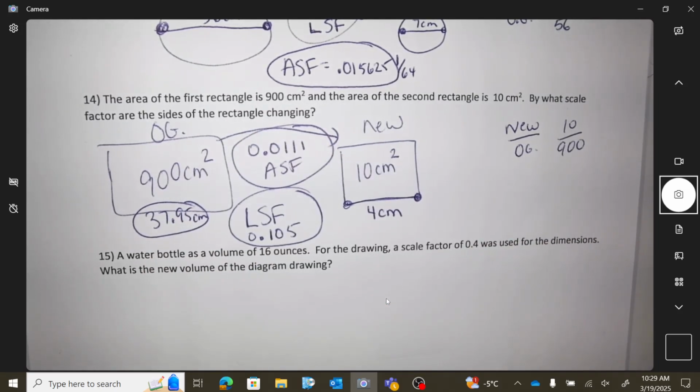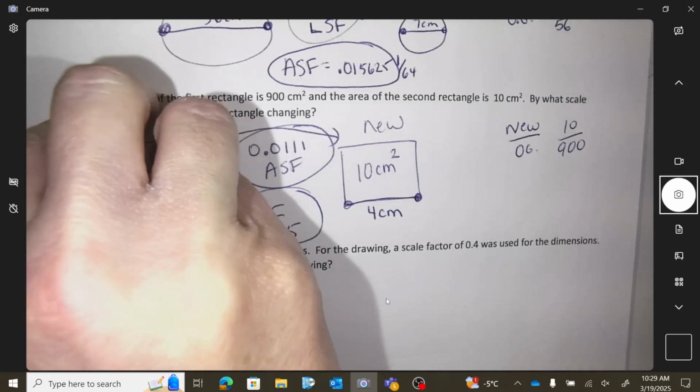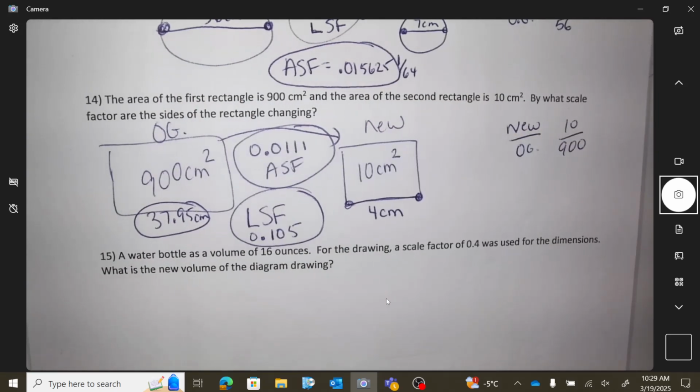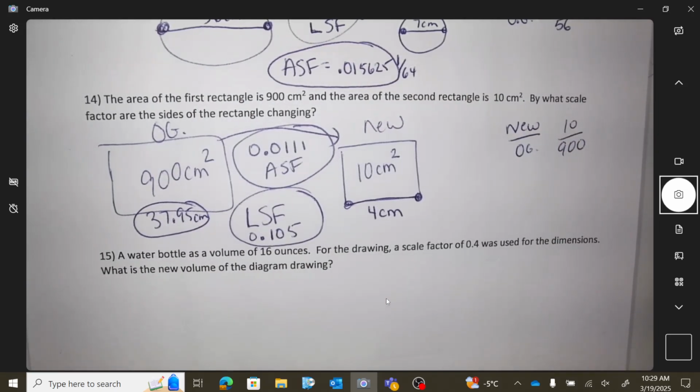FYI, if you did it wrong and you times it, you would have got a really small number, and then you should have had a red flag in your brain that said, that doesn't make sense. Because you know that this stuff has to be bigger than that stuff.